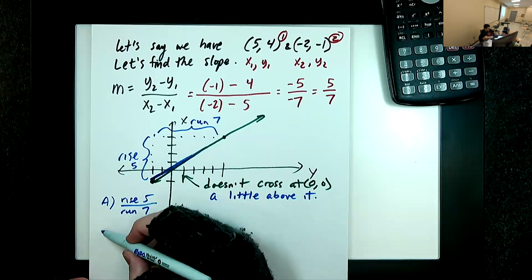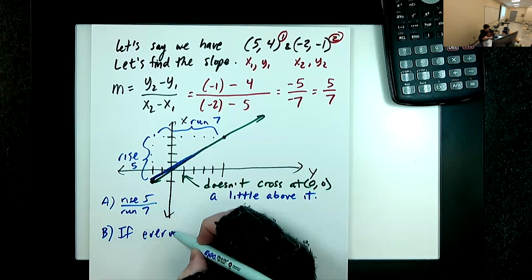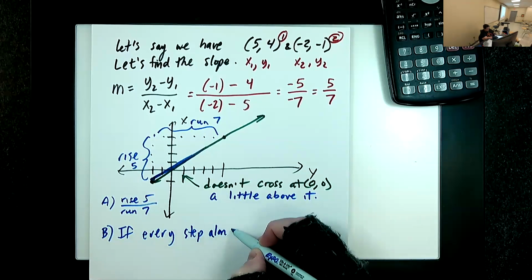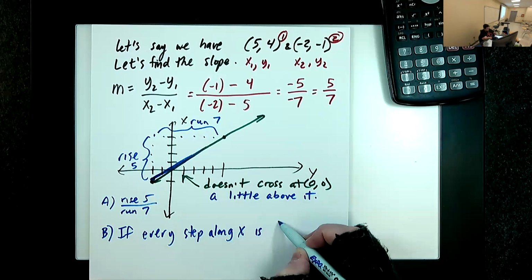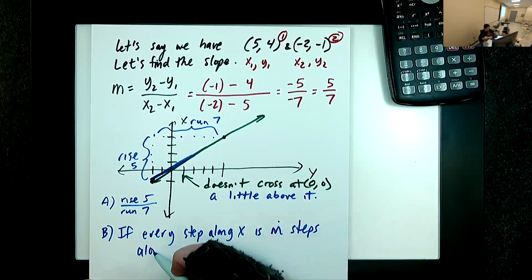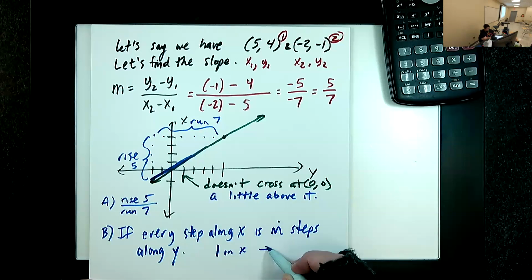The other way to look at it is every single step along x is m steps along y, which in this case would be 5/7. So one step in x is 5/7 in y.